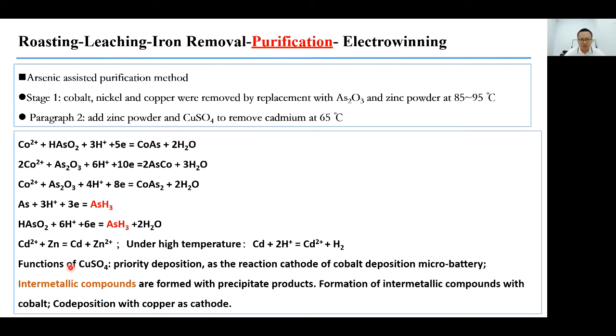So we should have some sensors for detecting those toxic gases, this hydrogen arsenide. And arsenic can form intermetallic compounds which can lower the potential and help the purification of those elements. So this is the first method.